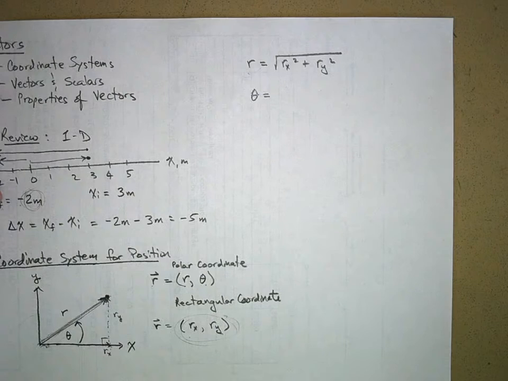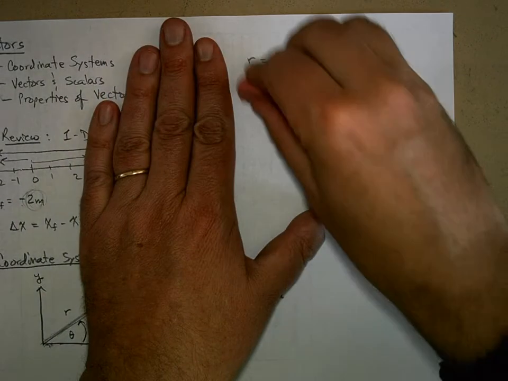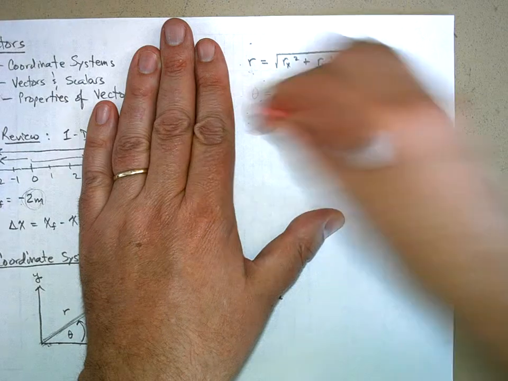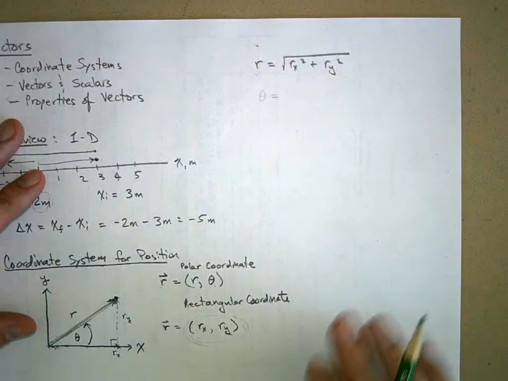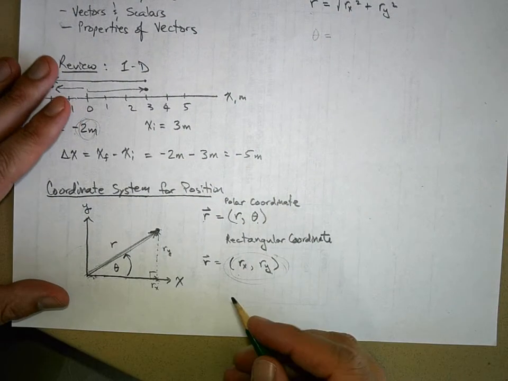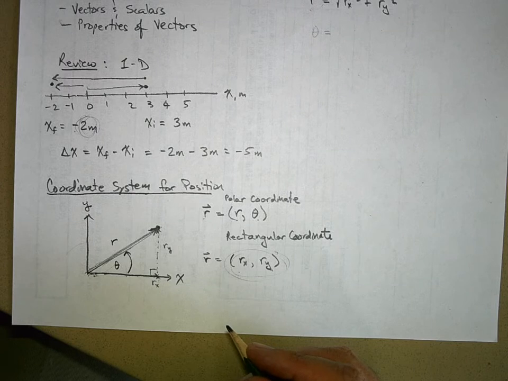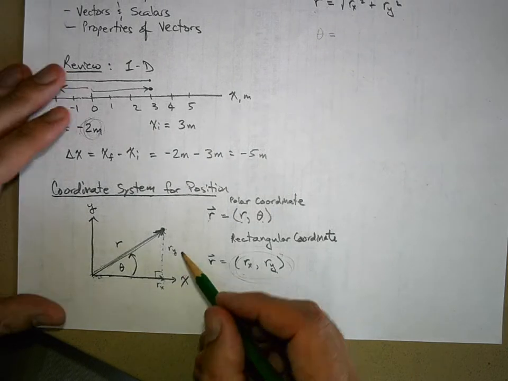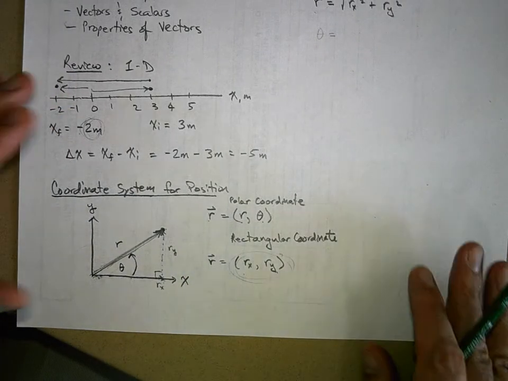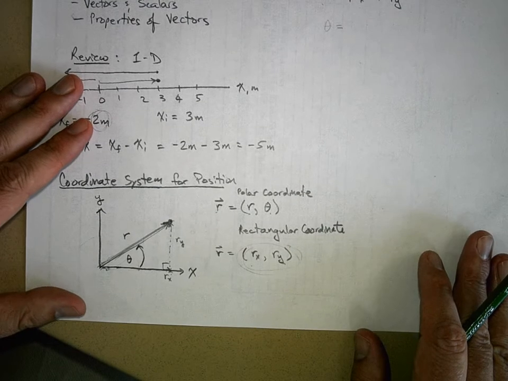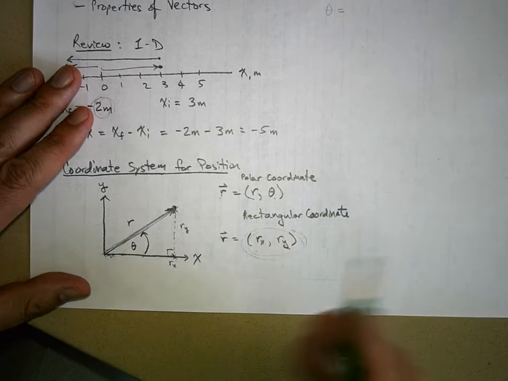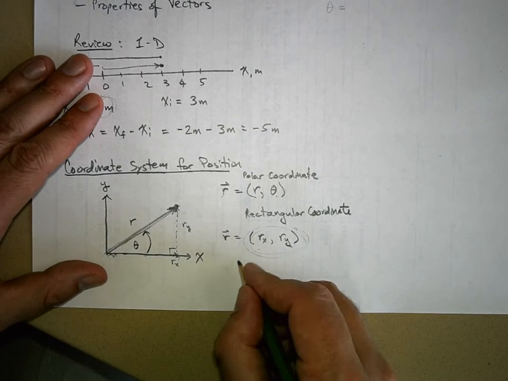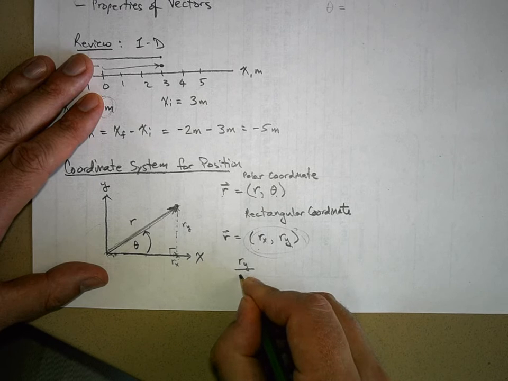Well, first of all, before we get to that, let's review our trig functions. And let's do that down here. We have all the ratios, right? We have r_y over r_x.